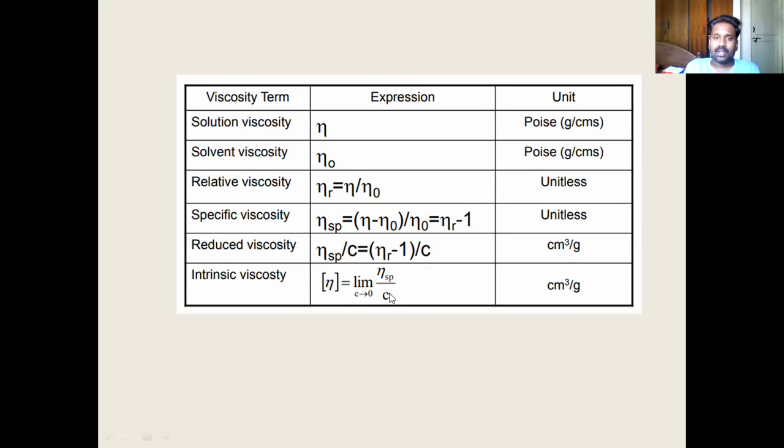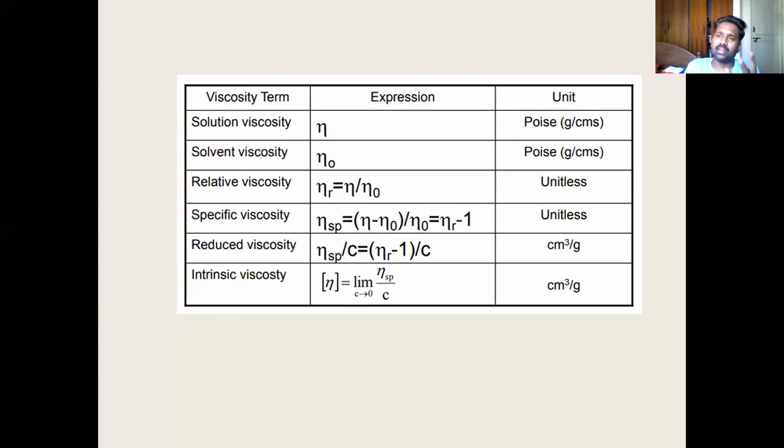Now, therefore, intrinsic viscosity is a term used in very dilute solutions. Only dilute solutions can give you limit C tends to 0, right? And for determining molecular weights, we use dilute solutions of polymers only, because concentrated solutions are very difficult to make.